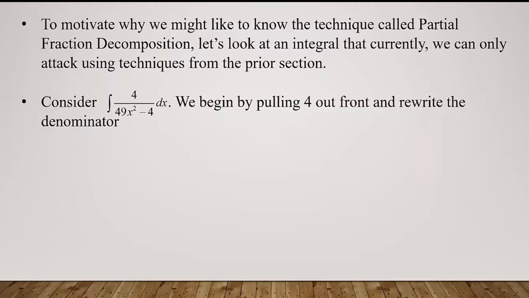Okay, I can begin by pulling that 4 that's in the numerator out front and rewrite it as 4 integral 1 over, and then notice that in the denominator, I've rewritten the 49x squared as the quantity 7x squared, and then the 4 as 2 squared.